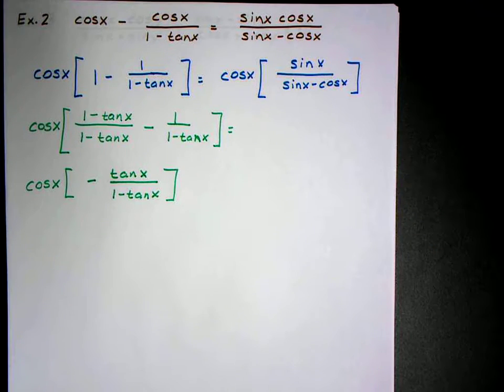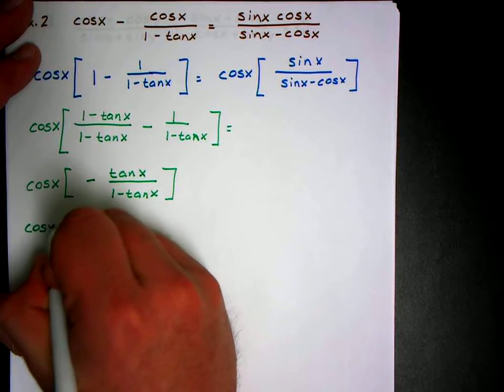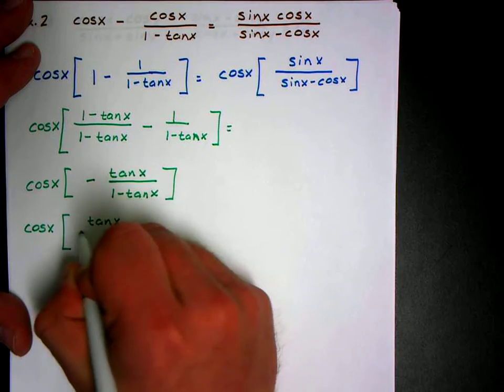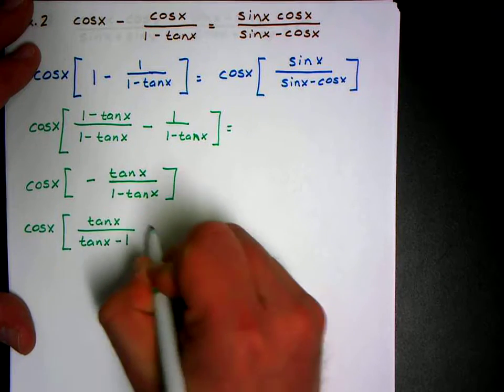Okay, so I'm a little bit closer. Okay, I don't like that negative sign in front because this one doesn't have a negative sign in front. So what I'm going to do is absorb it into my denominator. That makes sense to you?